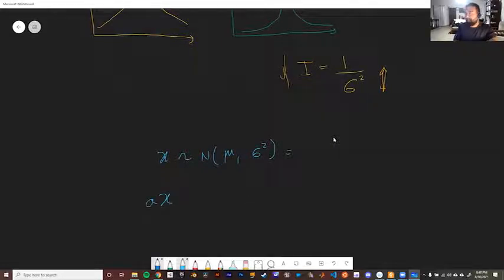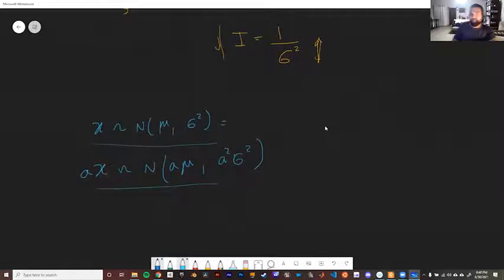If I multiply this by a constant a, what happens to the distribution is you just multiply the mean by a and the variance by a squared. So if you had this distribution and there's just a multiplication by a constant, you will get this distribution. That's one important property of the Gaussian distribution.